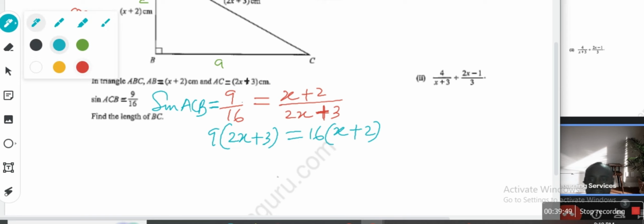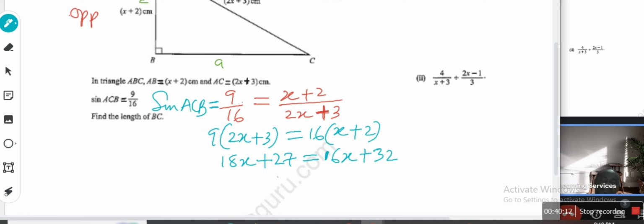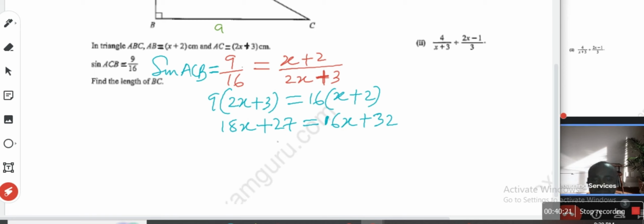So we open the brackets. We have 18x, which of course is 9 times 2x, and 9 times 3, plus 27. Also for the other one, we have 16 times x and 16 times 2, so that gives us 16x plus 32. So how do we finish up this? Collecting like terms, I believe.